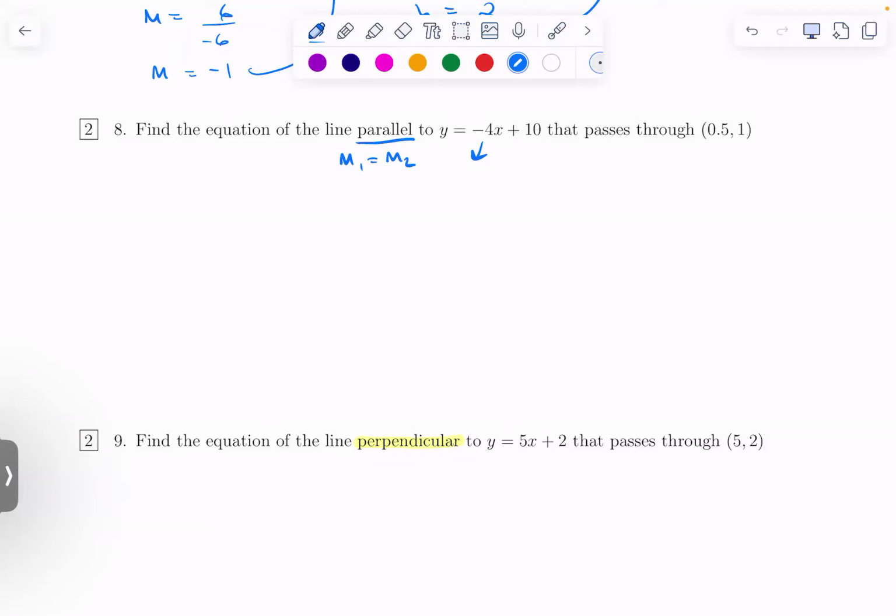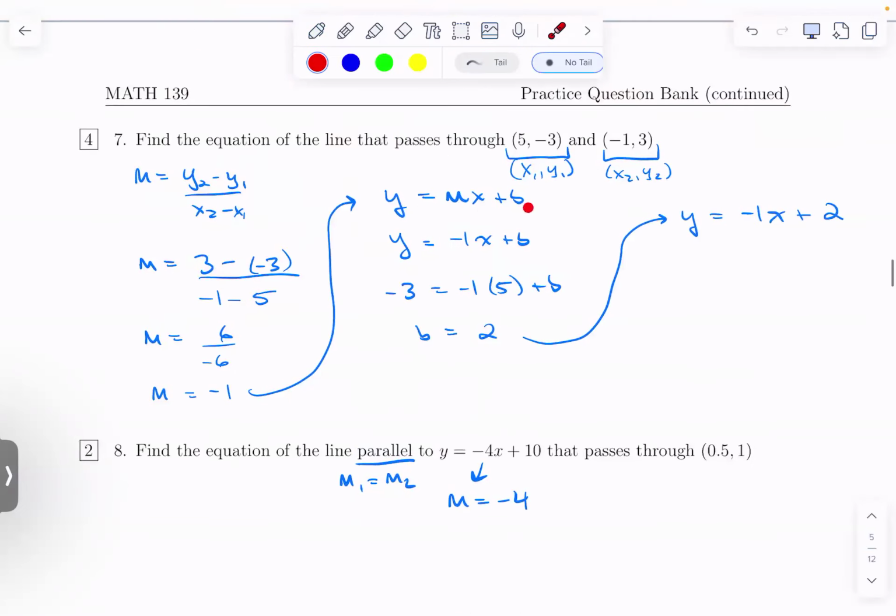So m must be -4. From here, knowing that this new line has to pass through the point (0, 5), you can solve for the intercept, and then you've got your new line.